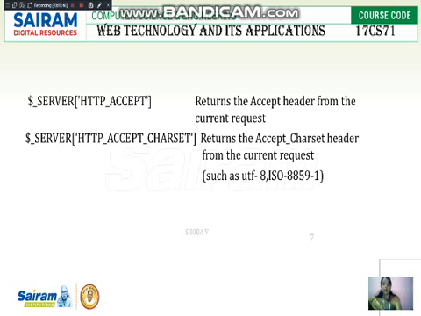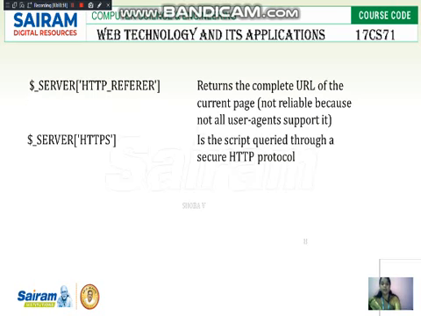HTTP_ACCEPT_CHARSET returns the charset from the current request, like UTF-8 or ISO-8859-1. And HTTP_REFERER returns the complete URL of the current page, and it is not reliable because not all user agents support it. Using the GET and POST methods, we can send requests and responses.